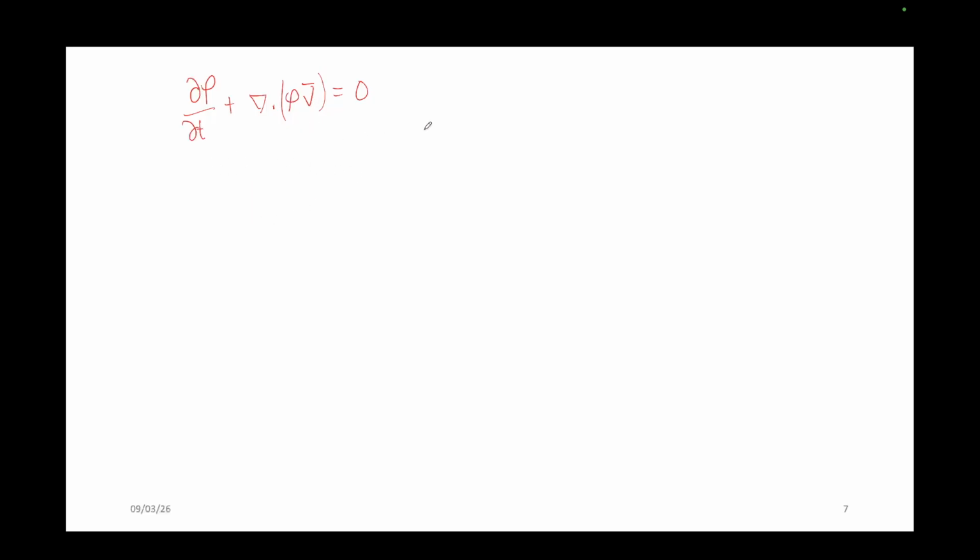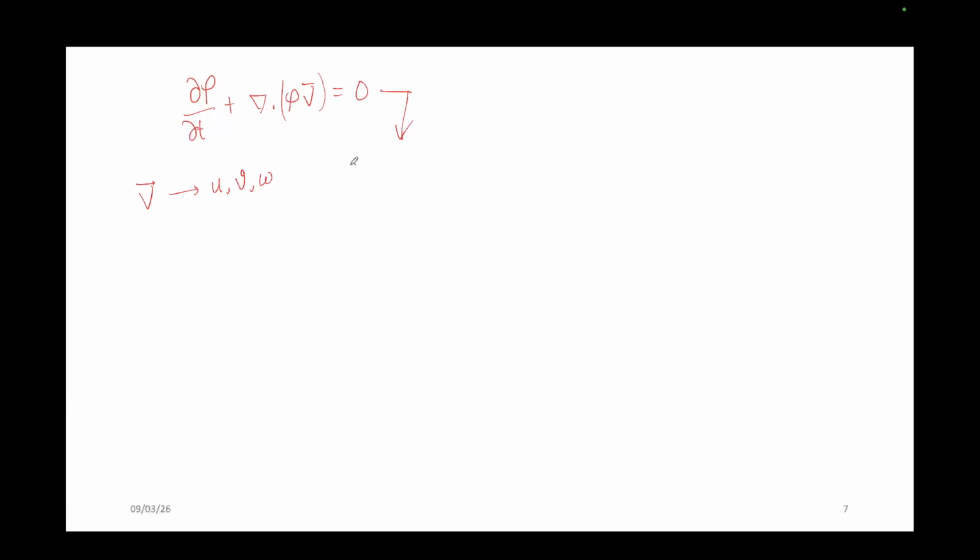Say I assume this velocity v is a vector. This vector means it can be in the x direction, y direction, z direction, right? So I assume it has three components, one in the x direction, one in the y direction, and one in the z direction. So I can assume u in the x direction, v in the y direction, and w in the z direction.